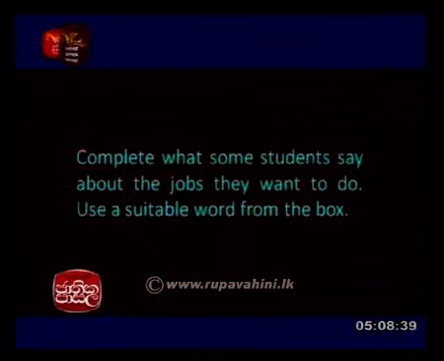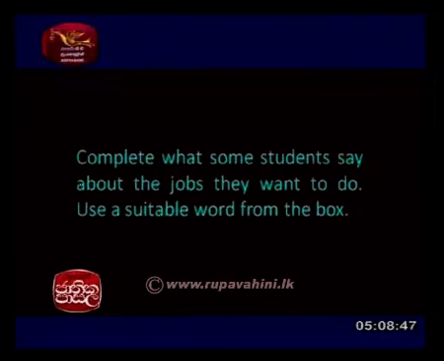So let us read the instructions and it will be clear to you. Complete what some students say about the jobs they want to do. Use a suitable word from the box. Yes, Andrea, can you read the words there?